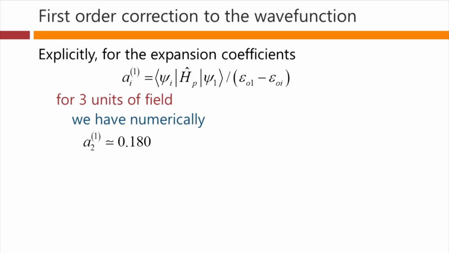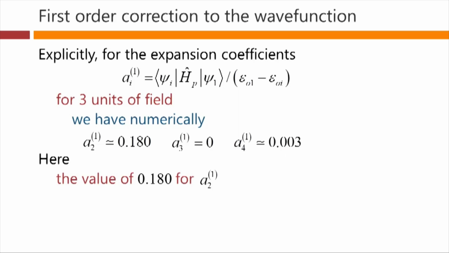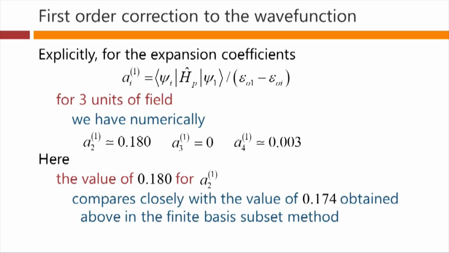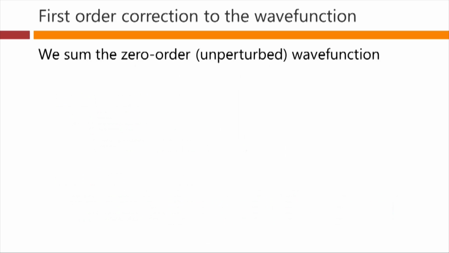So A21 is 0.18, A31 is 0, and A41 is 0.003. Here, the value of 0.180 for A21 compares rather well with the value of 0.174 that we got above when we did a finite basis subset method.